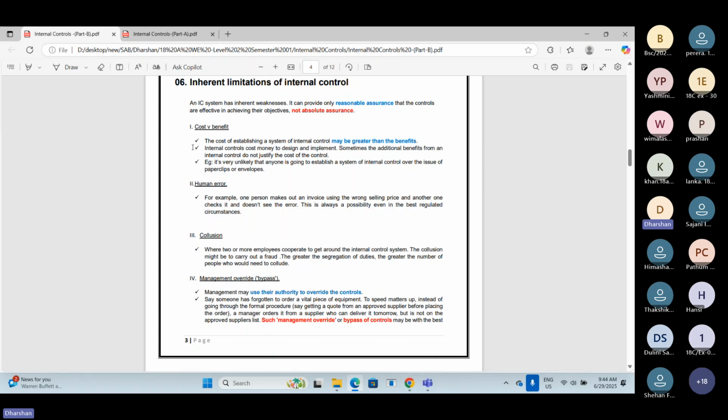First scenario, 50 processes are there. Out of those 50 processes, the company has implemented internal controls only for 47 processes. So as a reviewer of internal control, we can't give absolute assurance because three processes are out. Then we can't say 100% internal controls are implemented effectively. Okay, that is clear?